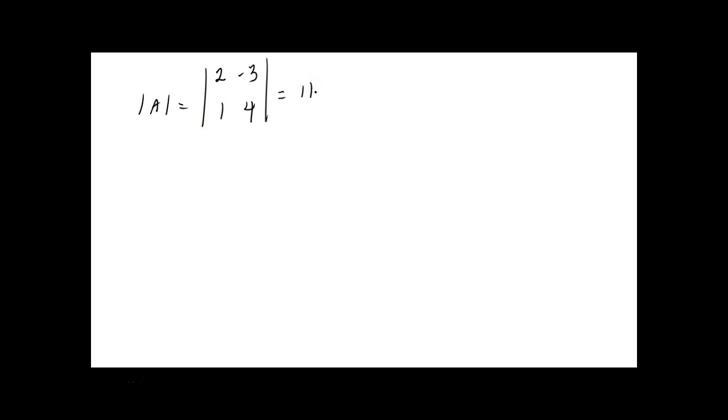Okay. Now we're going to do the determinant of B. B is going to be 1, 4, 2, -3. What's the determinant of that? -11. Okay. Now this is just one example, but if you think about it very hard, you see it's always going to be the case.